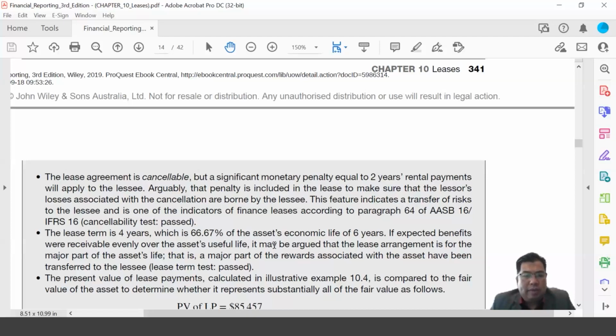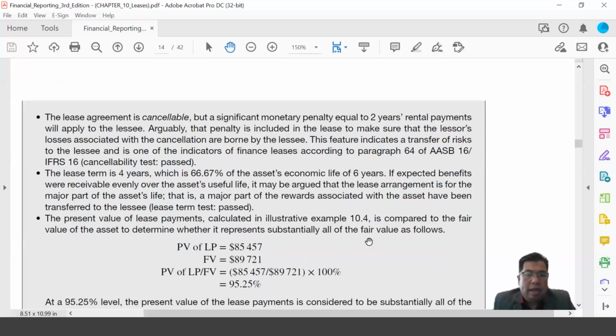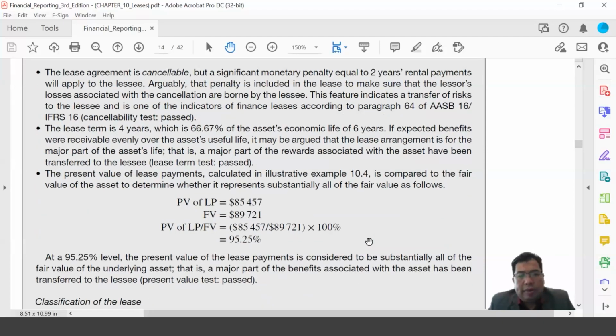So if expected benefits were receivable evenly over the useful life, it may be argued that the lease arrangement is for the major part of the asset, that is more than 50%. That is, the risk and reward associated with the asset have been transferred to the lessee. So the lease term test passes. And next is about the present value of lease payments.